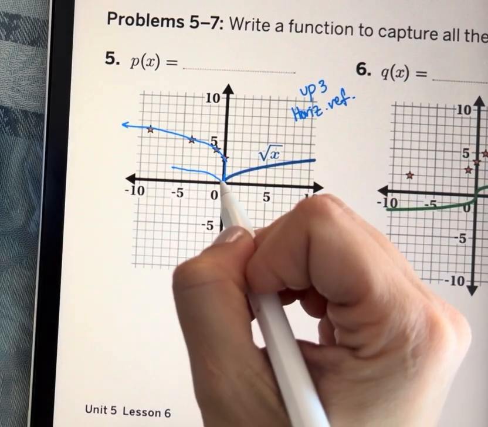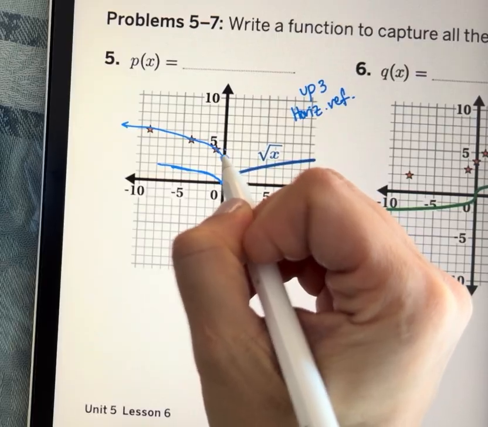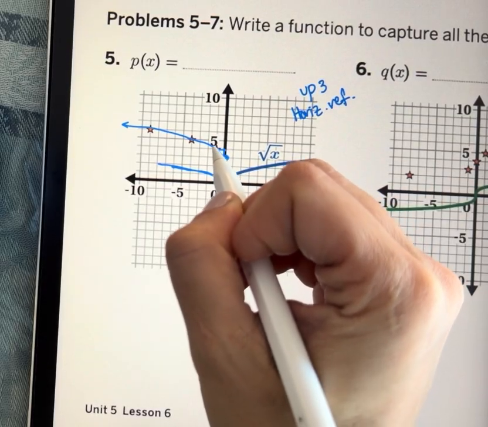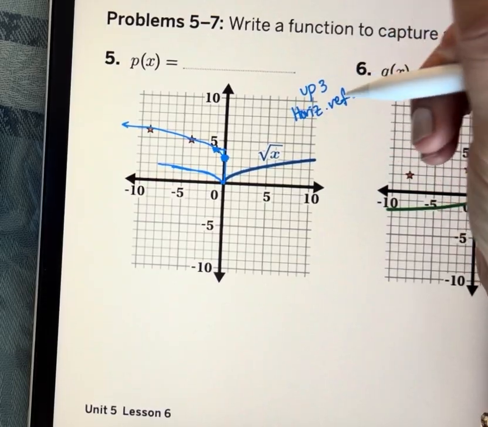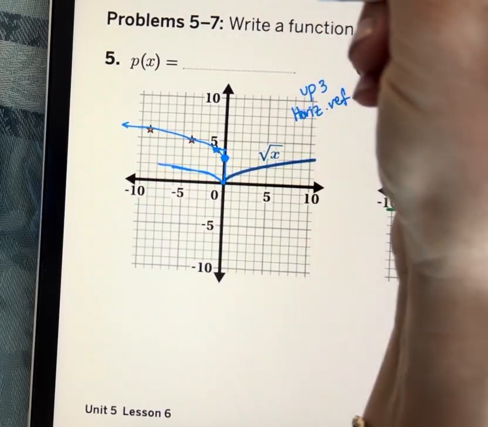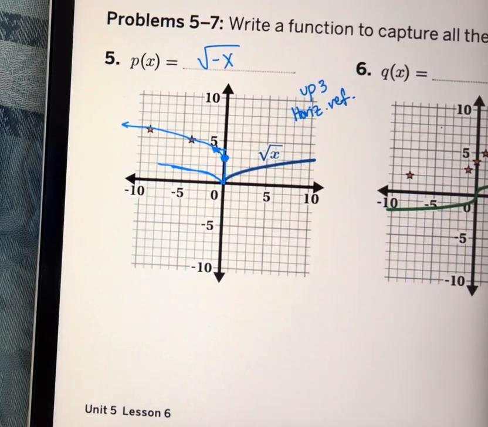So if we do a horizontal reflection and we go up 3, and from here, if we begin right here and go up 1 over 1, that means no stretch. We don't need any stretching. This is all we need. So I only need a horizontal reflection, so a negative on the inside.